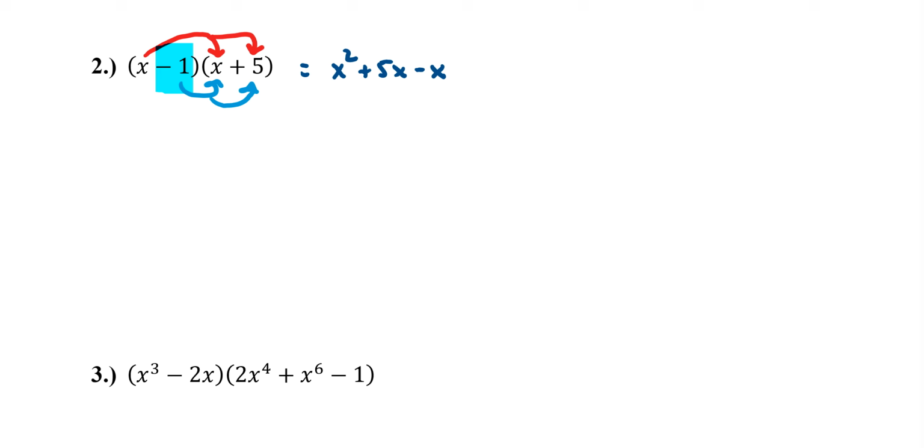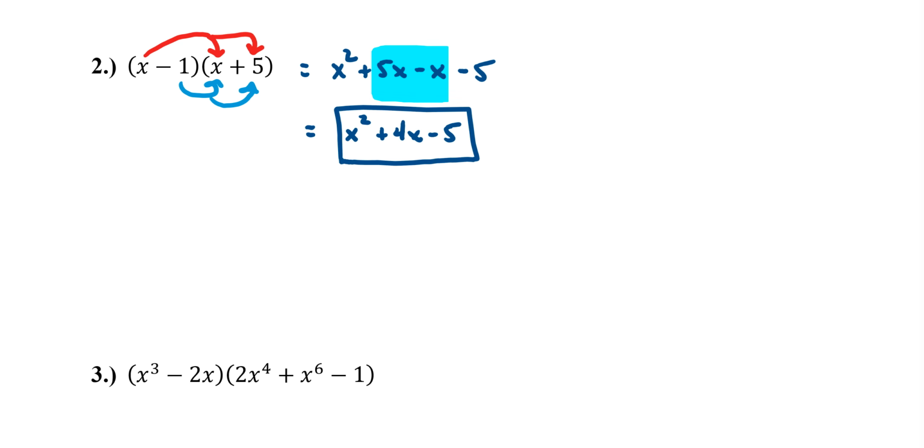And then lastly, negative 1 times 5 gives us the minus 5. And then we just need to combine like terms. Remember, like terms are the terms that have the same variables with the same exact exponents. So like terms here are just going to be the 5x minus x, which gives us 4x. So it's going to be x squared plus 4x minus 5. And that is our final result.